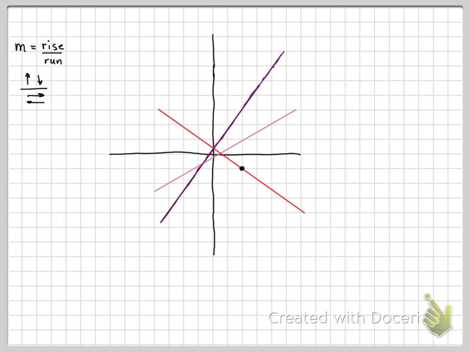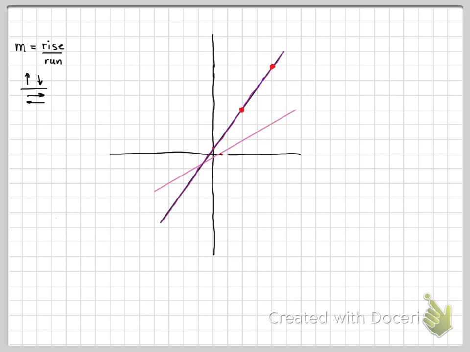So I'm going to erase the red line. Okay, and then we'll work on the purple line. I'm going to use a different color so it shows up. So we'll work from that point right there to this point right here.